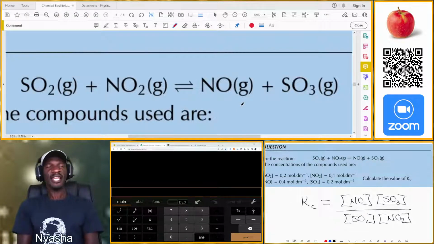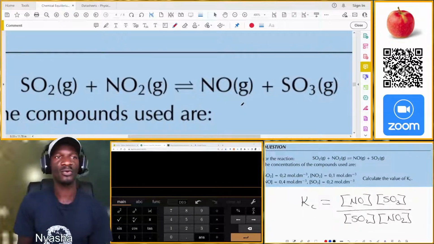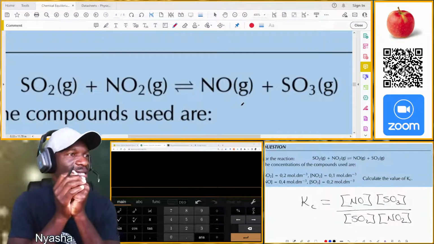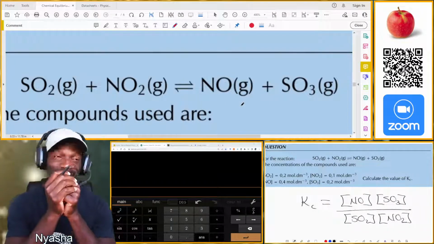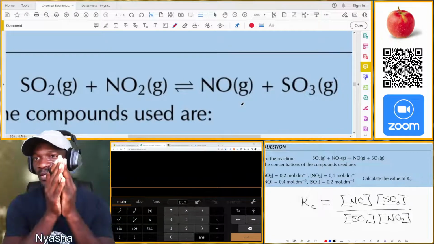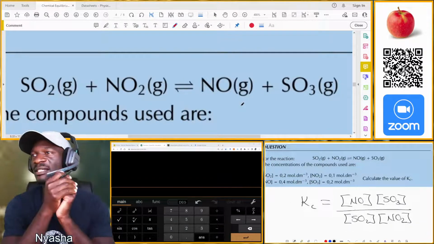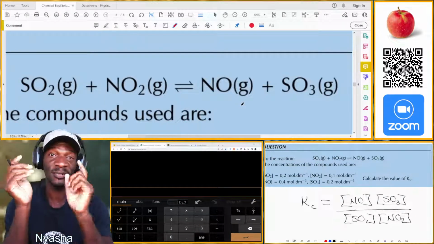Do we have any ratios greater than 1? No. Let's see if the equation is balanced in the first place, because one of the most important things in these calculations is that the equation must be balanced. We can't proceed and say everything is fine, yet the reaction is actually not balanced.